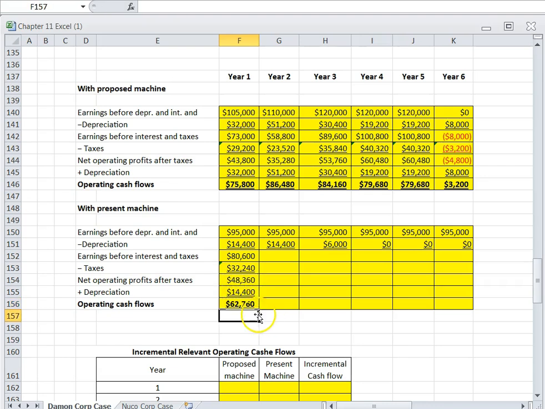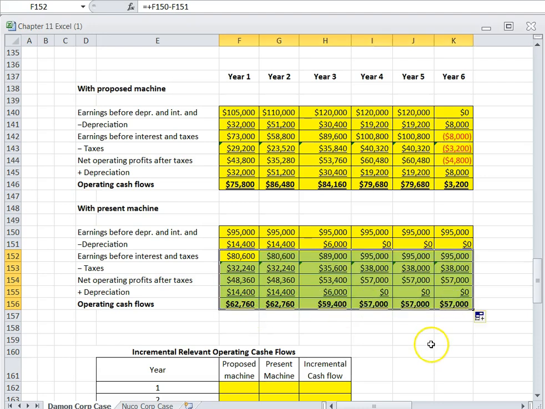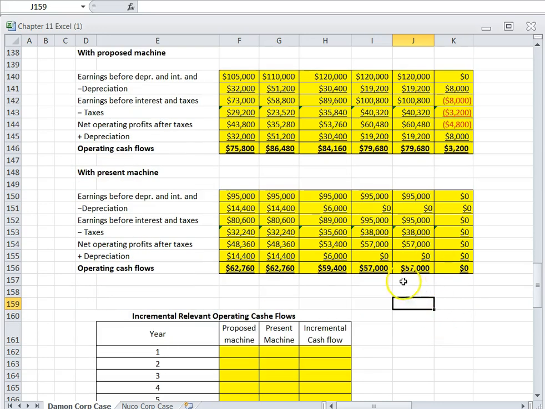Okay. So once I have this set up, again, I can just highlight everything, get this white cross to turn into a black plus, and pull this across, and I can easily calculate all of my information. One mistake here, though. Year 6, there is no revenue in year 6. So we have to modify that. Okay. And this looks right.